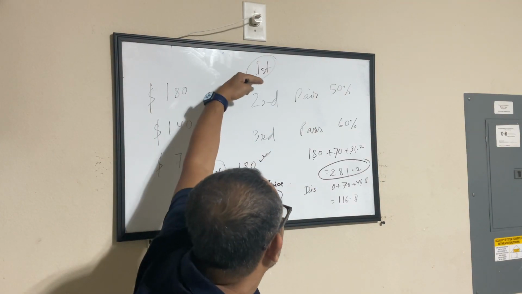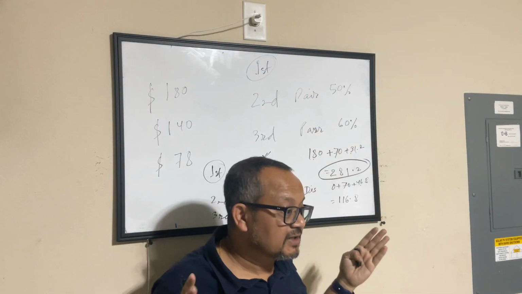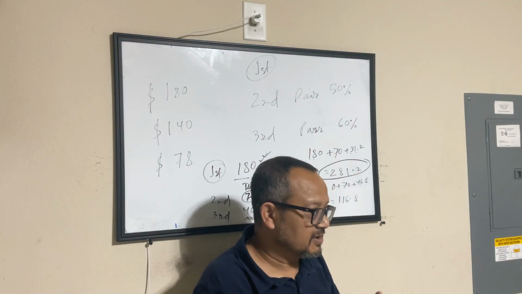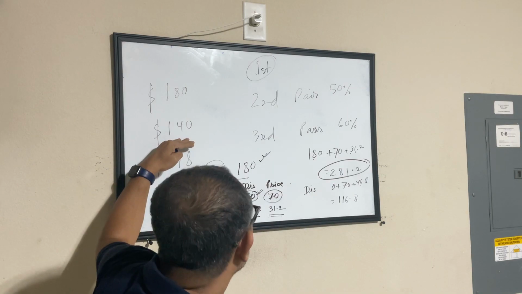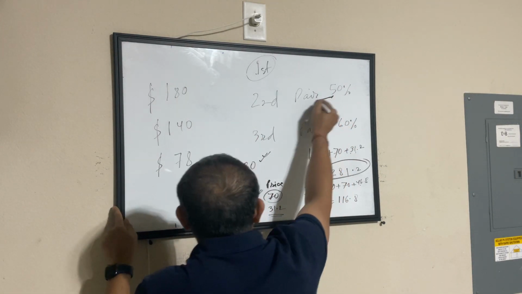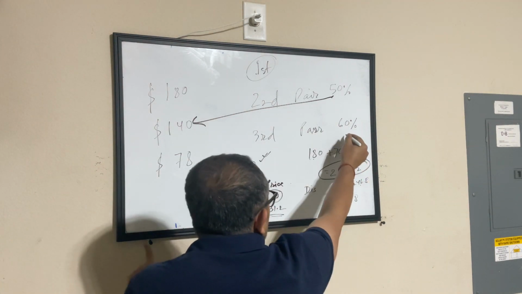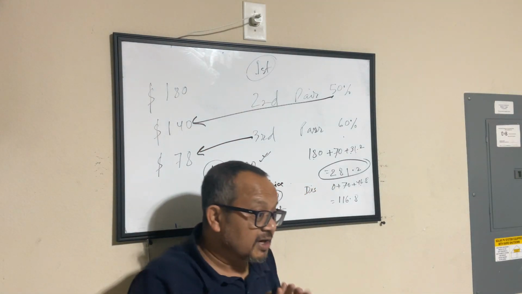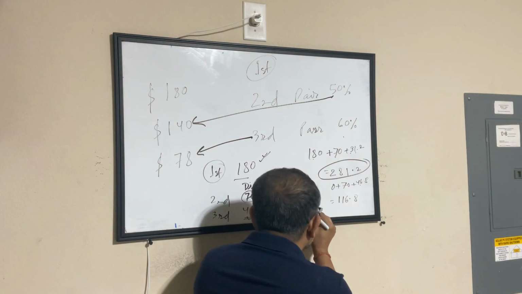So the simple thing is this. The first pair has no discount. If you consider 180, the first pair, for any discount, that is one potential mistake zone. Second pair is $140 and you are getting 50% discount, so you have to apply 50% only on this one. Third pair is 60% discount, and you have to apply the discount only on this one.